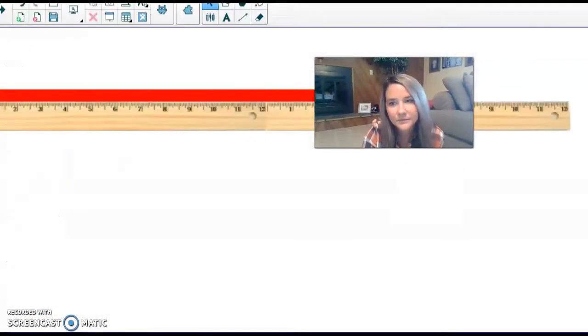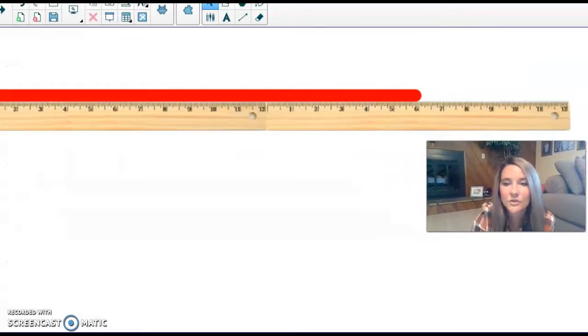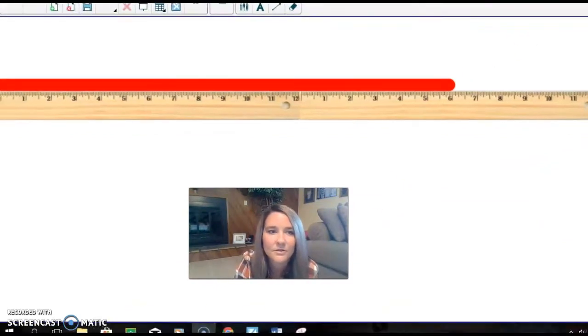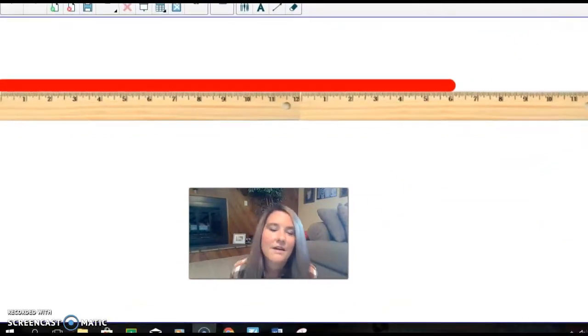I chose 2 rulers to measure my jumps. Let me scoot it over so you can see. The red line represents how far I jumped. How far would you say that I jumped?